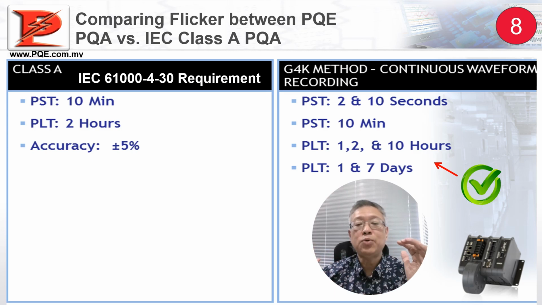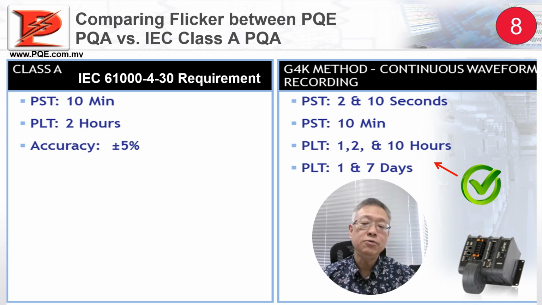Likewise, for a long-term process, 2 hours is not sufficient. For example, certain processes take 1 day, and if you use 2 hours, it cannot reflect the near actual situation. So the PQE logger gives you more flexibility in matching the production cycle in terms of voltage flicker evaluation or assessment.